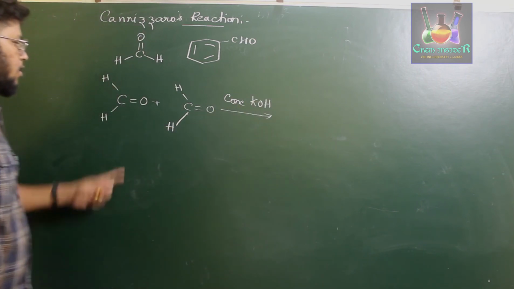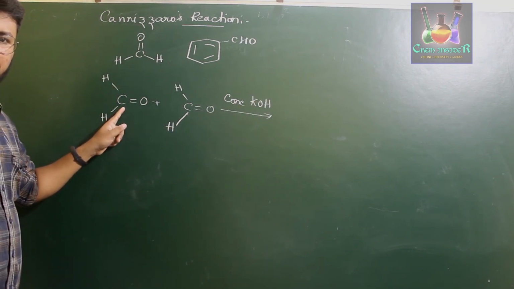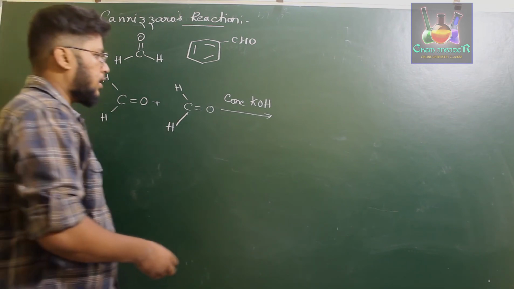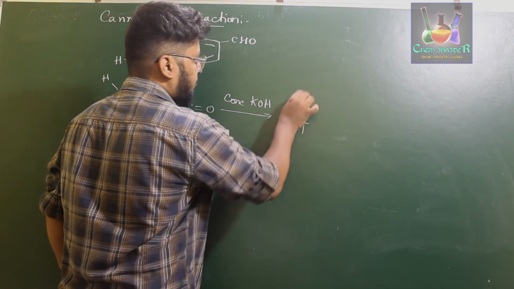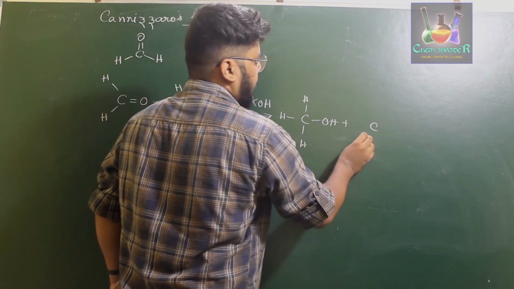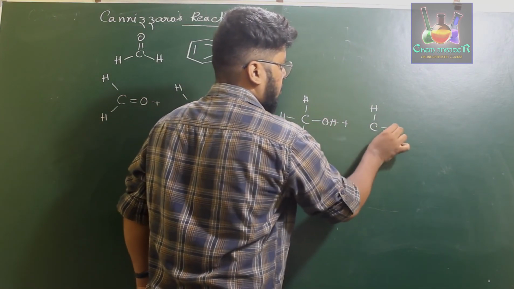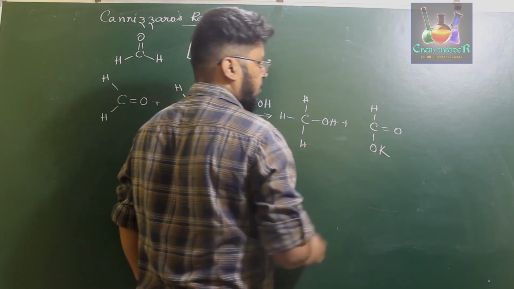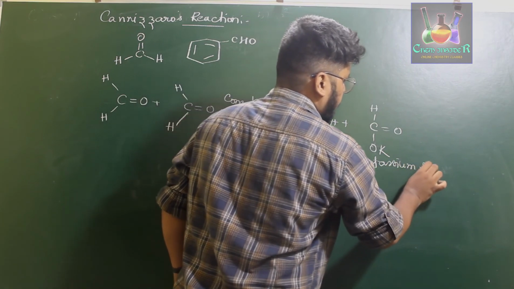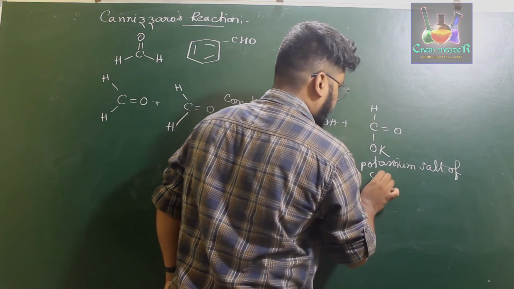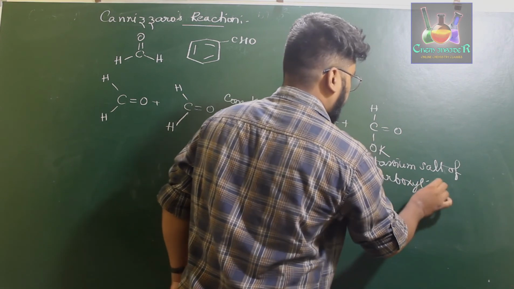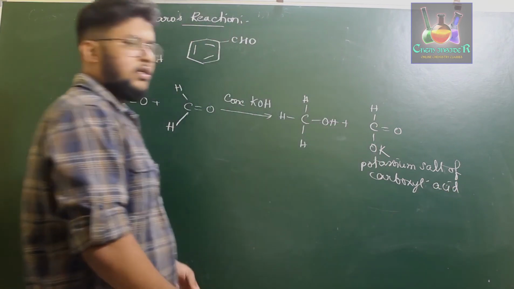One of the aldehyde groups will undergo reduction to form alcohol, and the other will undergo oxidation to form carboxylic acid salt. That is CH3OH, and the other one will form HCOOK, the potassium salt of carboxylic acid. So this is the reaction.